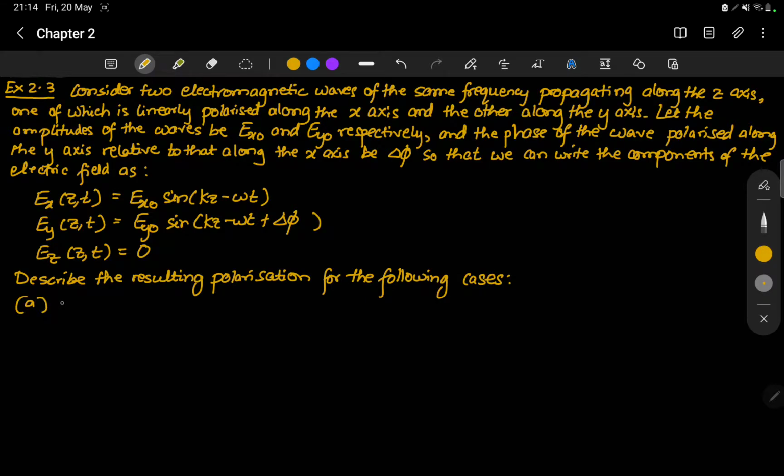So these are different cases that are there, and for each of these cases we need to analyze the polarization of the resulting electric field.